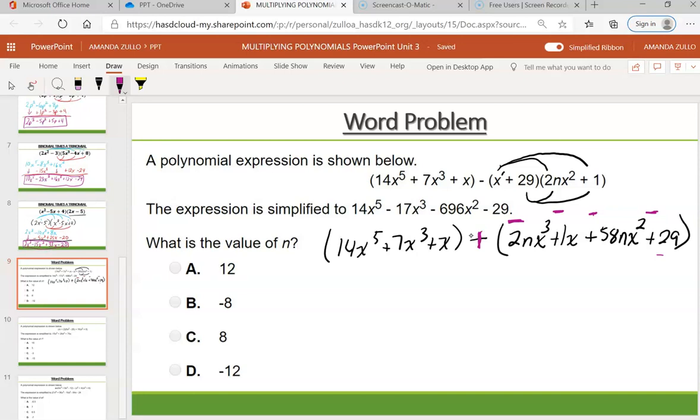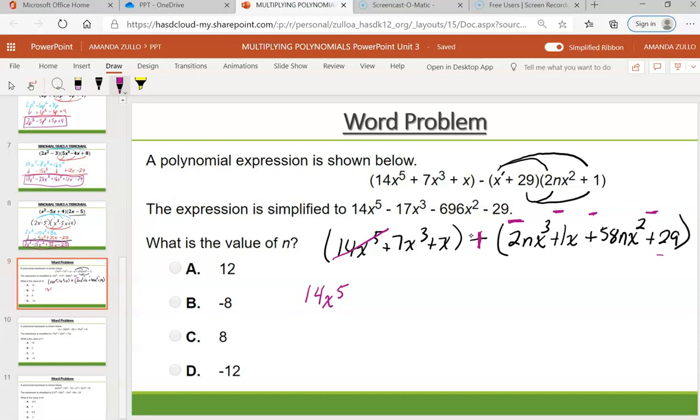All right. Now I'm going to line up by like terms, or I guess I should say in descending order. So I have 14x to the 5th power. I'm going to jot that down here. The next term in descending order, if there's no other x to the 5th, which there isn't, cross that off, would be an x to the 4th. If you look here, there are no other x to the 4th powers.